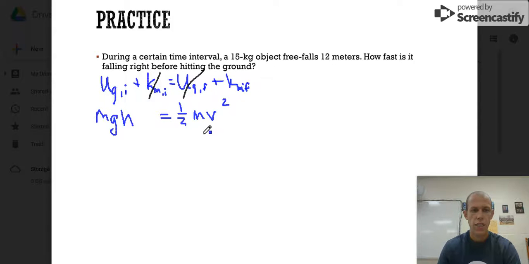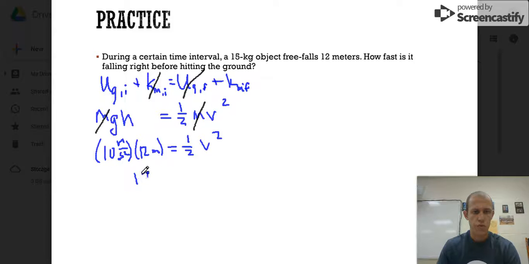I notice both of these have a mass in them, so I could put all the numbers in and do a lot of calculations with bigger numbers, or I could just realize I can divide the m out and then I don't have to worry about it. So now what I'm dealing with is 10 meters per second squared times 12 meters. A lot easier than multiplying that also by 15. And I have 1/2, and I'm looking for the final velocity squared.